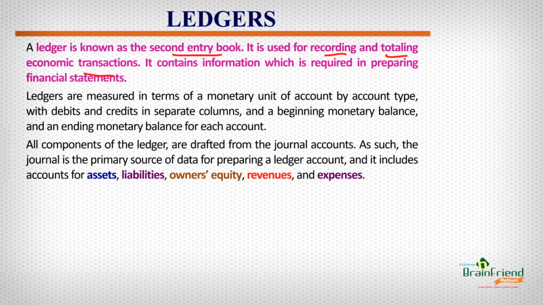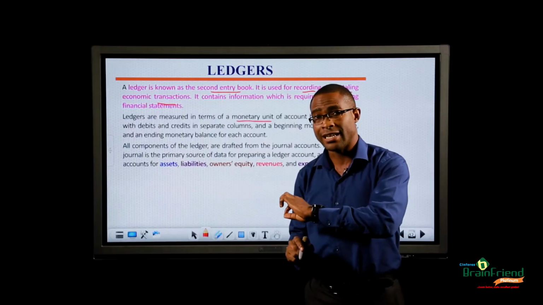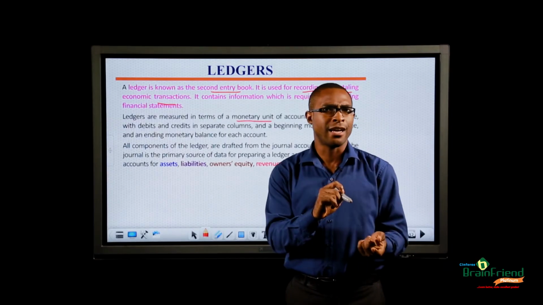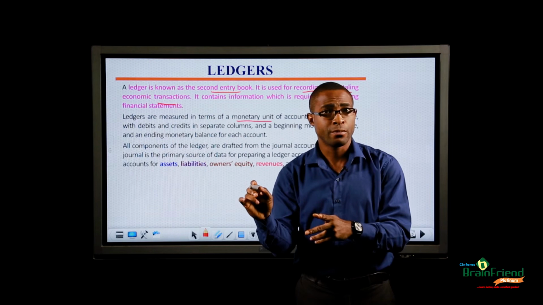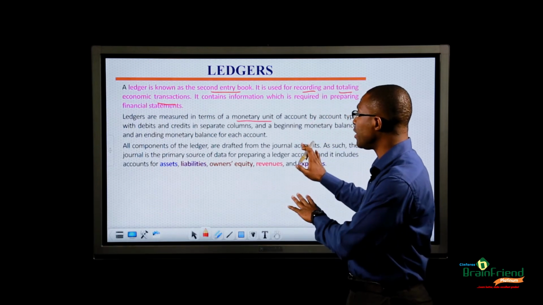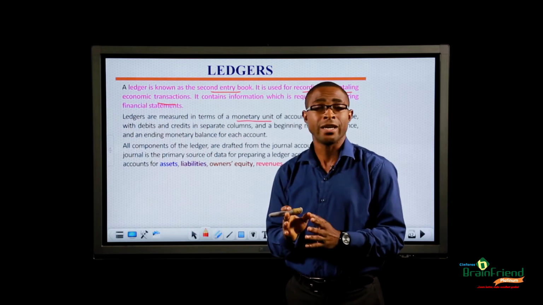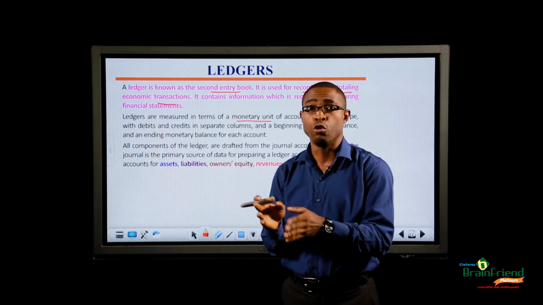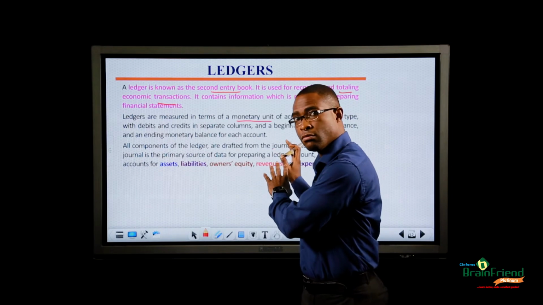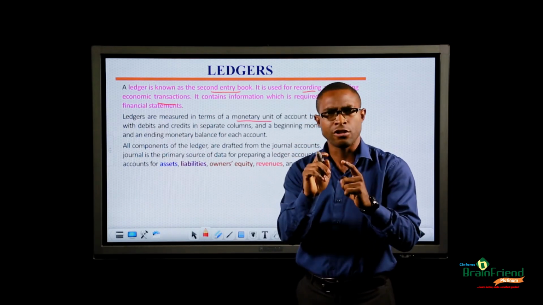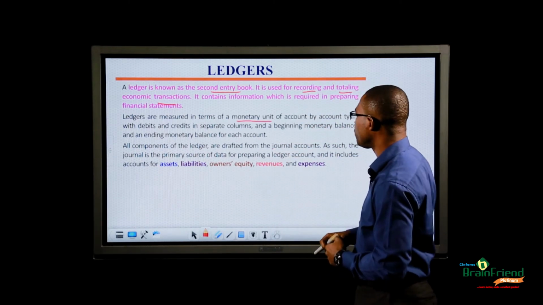Ledgers are measured in terms of monetary units. This is telling us that in the journal account, you could have items, but for a ledger, it must be in monetary figures. So we can have 10 cartons of Coke in a journal, but we could not find such in a ledger.